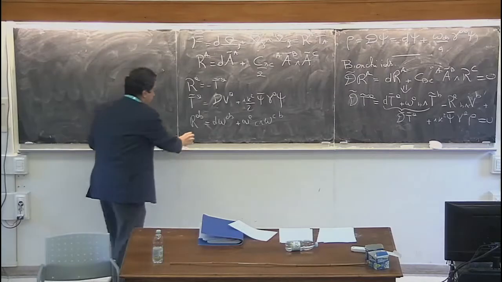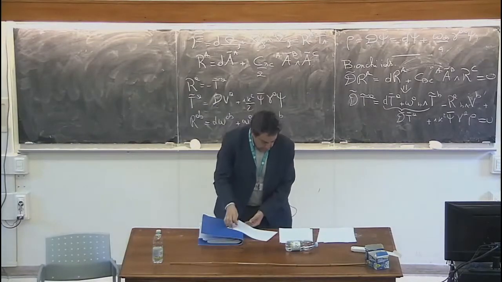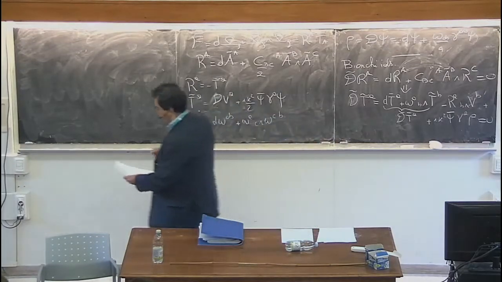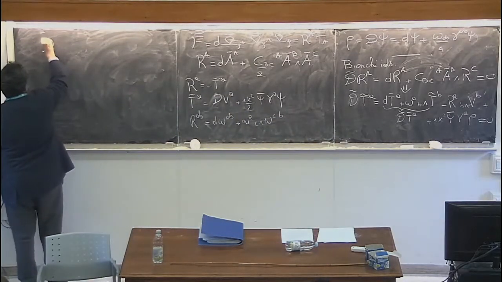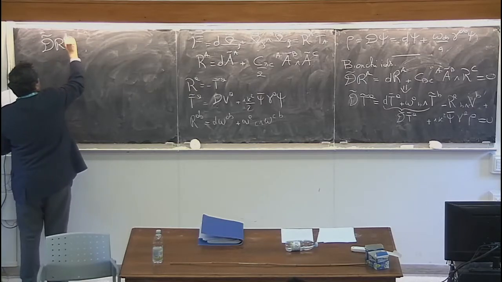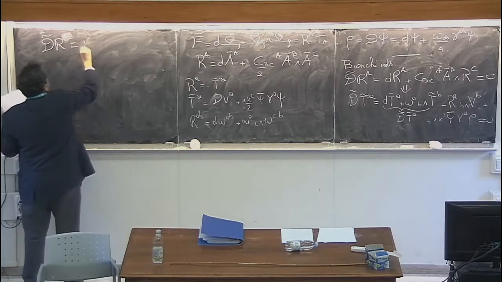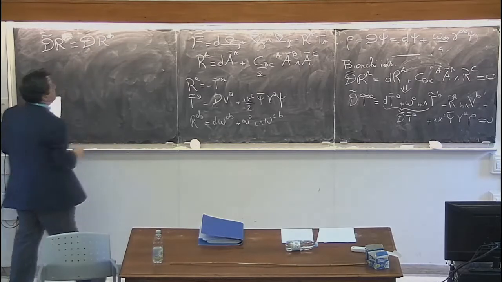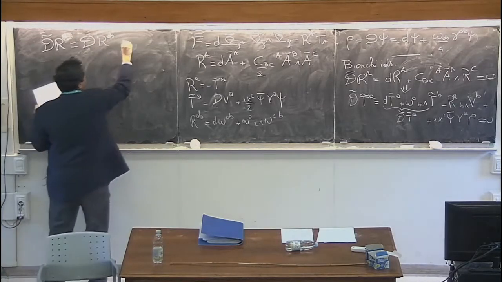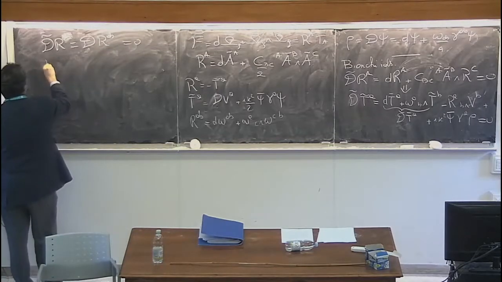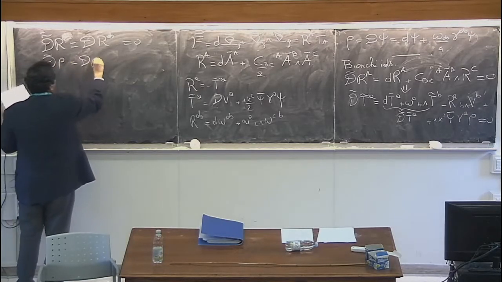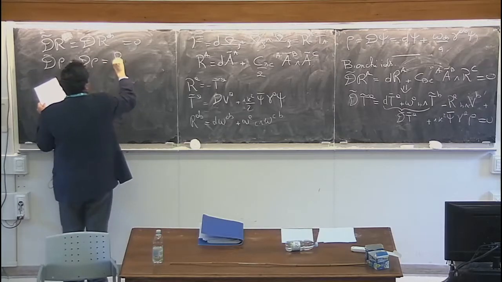Then we have the usual Bianchi for the Riemann curvature, with the usual Lorentz covariant derivative, and that is equal to 0. And finally, we have d tilde rho, which is d rho, and that is equal to RAB.